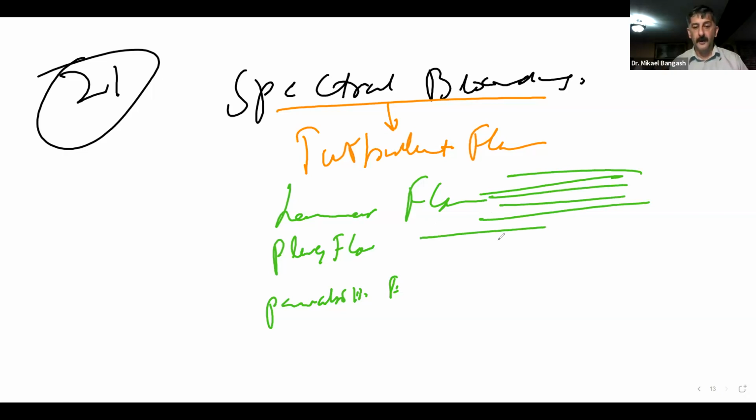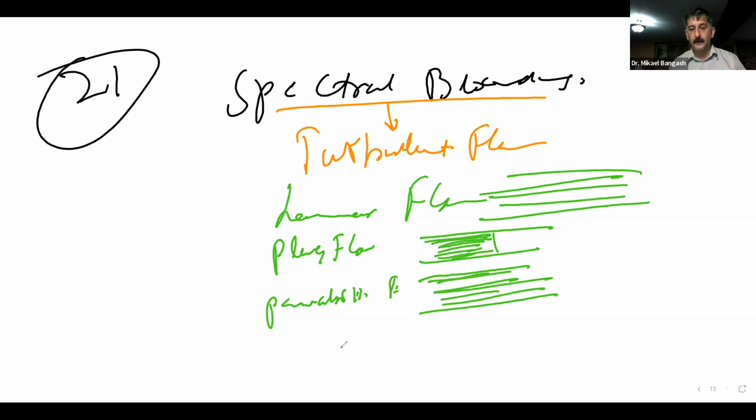We call it plug flow if the velocity of the blood in all the lanes is the same, whereas in parabolic flow there are different velocities in different lanes, slower towards the periphery of the blood vessel and faster in the center.